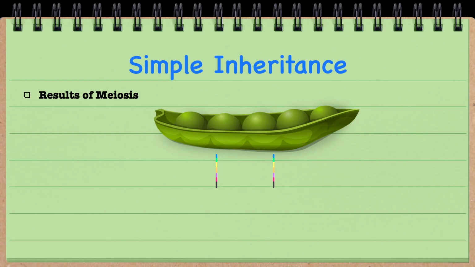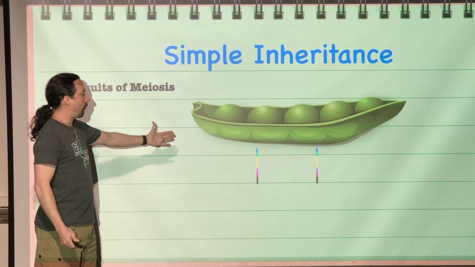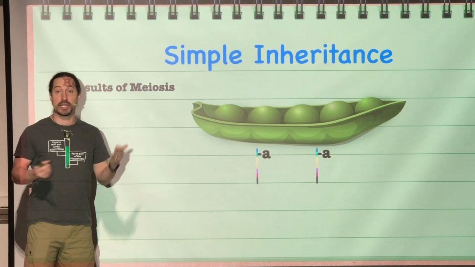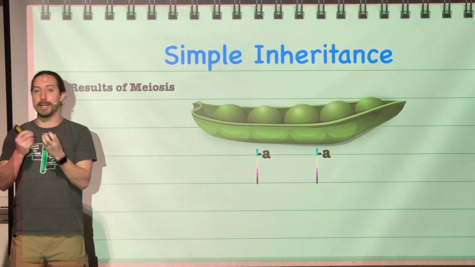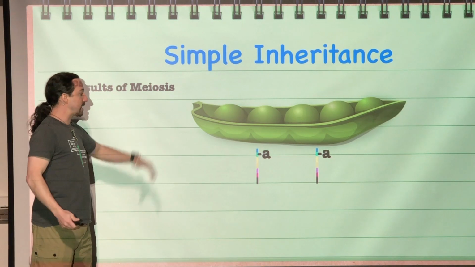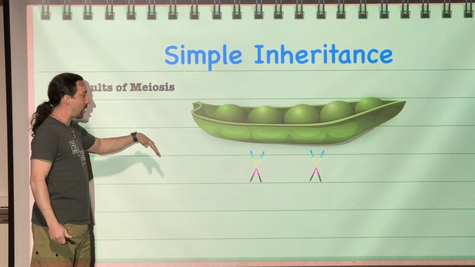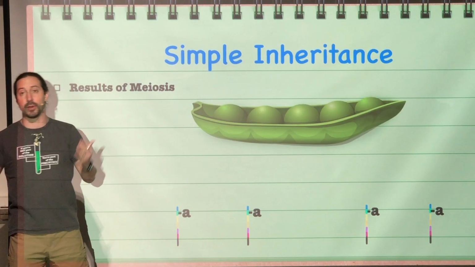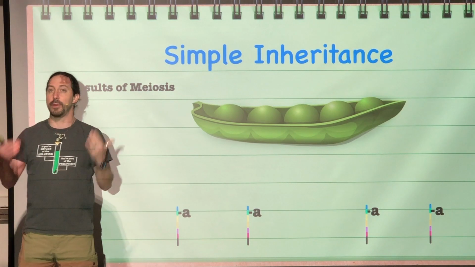So, here we go. Remember, we have meiosis, which is going to produce our gametes, and if we started off with a homozygous parent, so this is homozygous recessive for being green in the P, then what we would anticipate is, as these homologous chromosomes replicate and then are separated during meiosis, we would only be able to have one specific type of gamete.